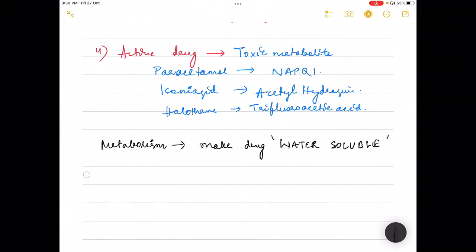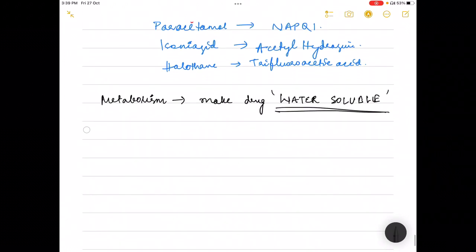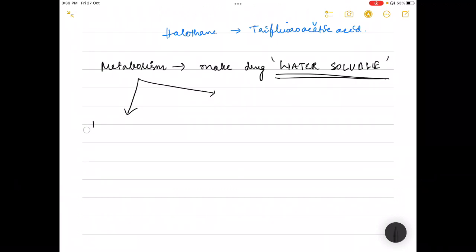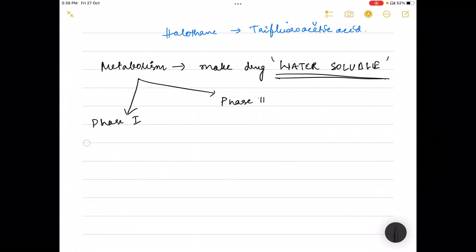So why make it water soluble? Because once it becomes water soluble, it can be easily excreted from the body. So there are two phases of reactions that take place in the metabolism. One is phase 1 reactions. The second one is phase 2 reactions.